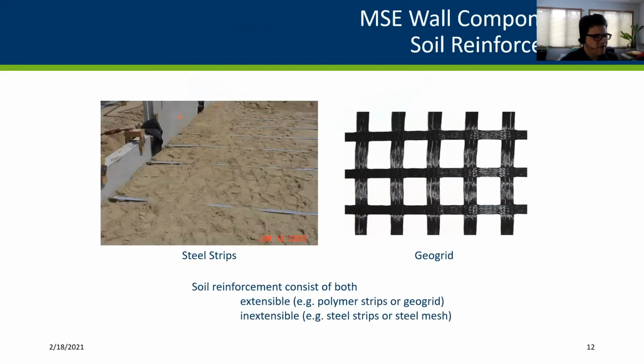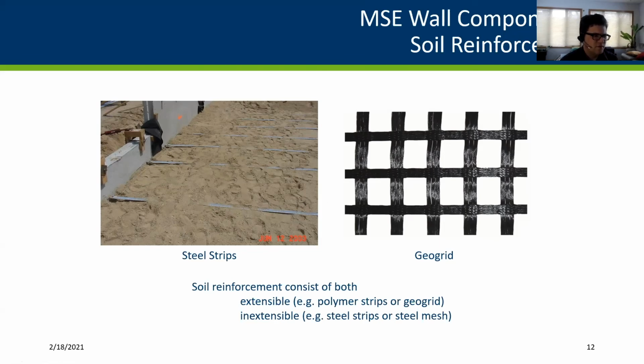And then we need earth reinforcement in an MSE wall, and earth reinforcement will be of two types. We have what we call extensible reinforcement, that's more these polymer geogrid reinforcement, and then inextensible, which is usually our steel strips or steel mesh. I have some examples of those, but you can see the steel strips here.